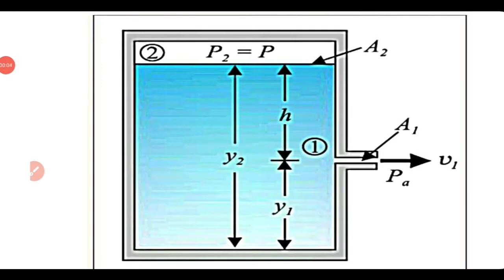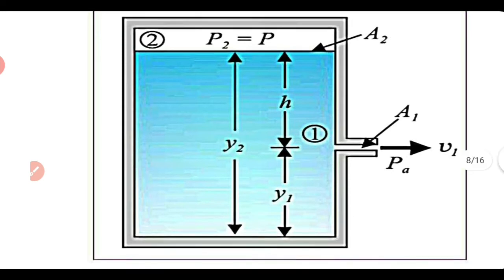We have a tank, and at a height y1 from the bottom of the tank we have a small hole, and the top surface of the liquid in the tank is at a height y2 from the bottom. Now the pressure at the top surface, surface 2, is P, and at the hole the pressure is equal to the atmospheric pressure.